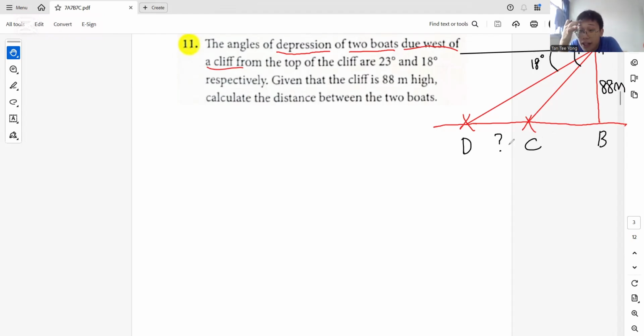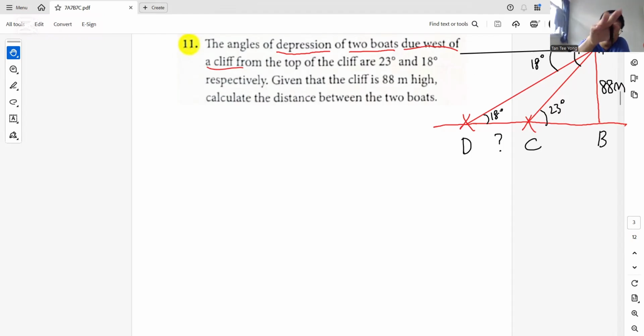Basically, if you look at the degrees, you can tell that angle ACB is actually 23 degrees. And then we can also say that this is 18 degrees. How come? Because of alternate angles.